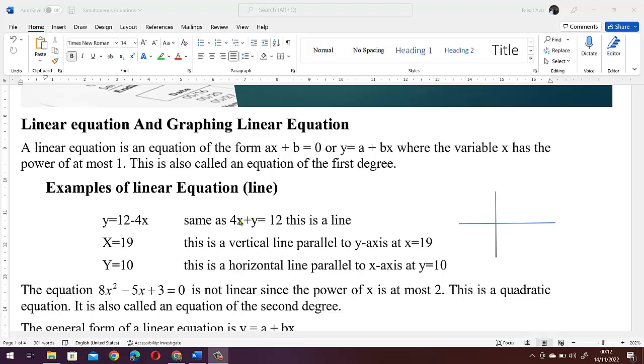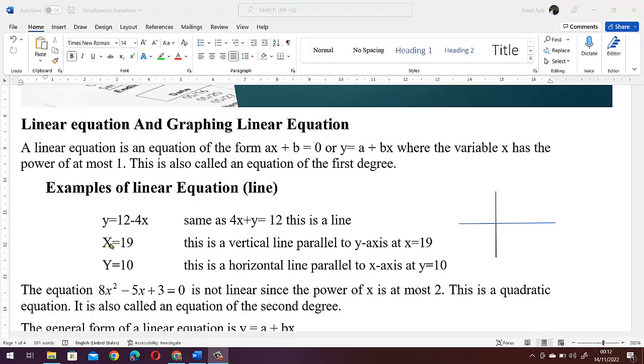Let's say, if I assume x value is equal to 0, then I will get value of y equal to 12, and if I assume y value equal to 0, I will get value of x equal to 3. So after getting these 2 points, I can plot points on the graph, and then I will connect the given 2 points to get the line of this linear equation. So this I will discuss in the later part of my video.